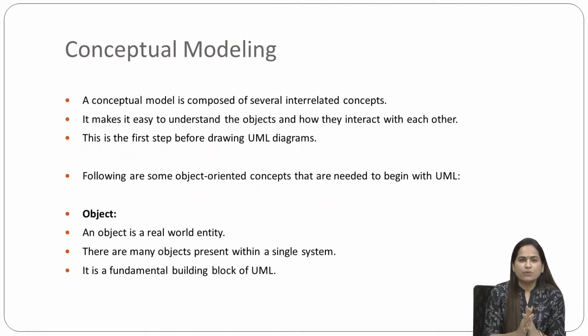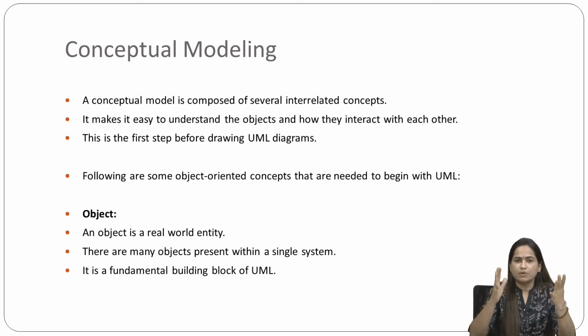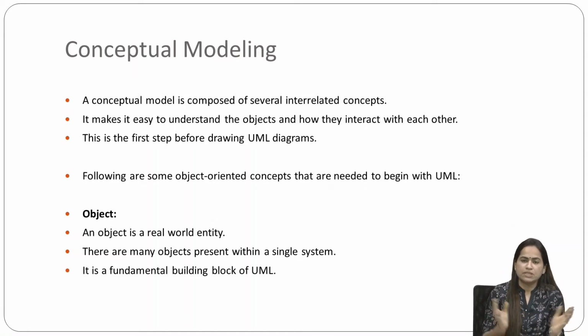Now let us move on to conceptual modeling. Conceptual modeling means we have a concept in mind of which type of model we will have in our system. A conceptual model is composed of several interrelated concepts. We have several concepts which are interrelated, and with the help of that interrelation, what we get is the conceptual model of our system.